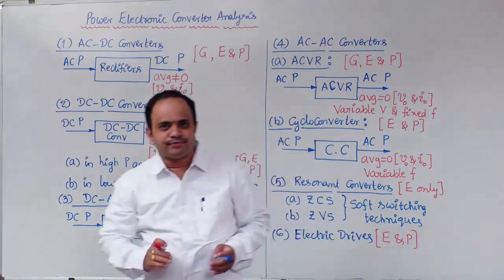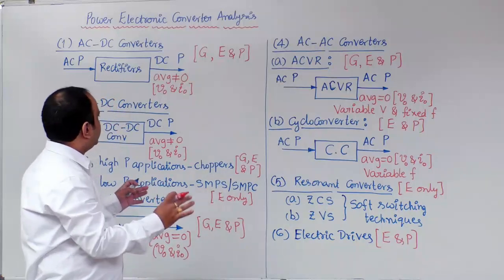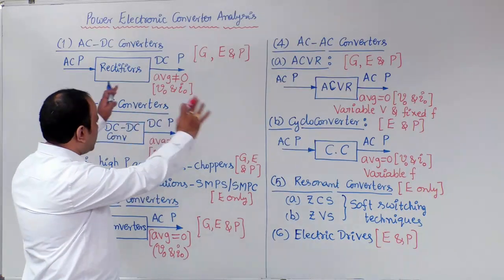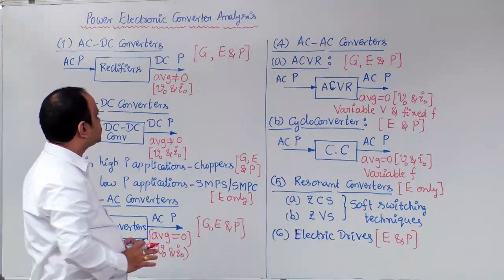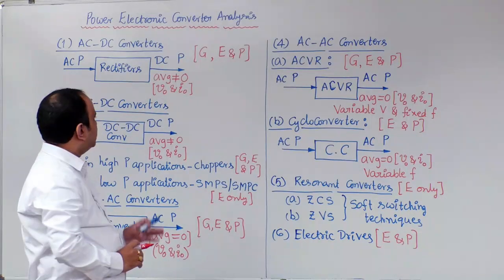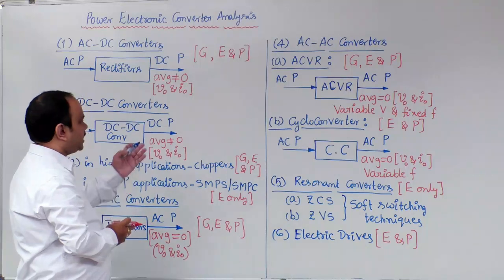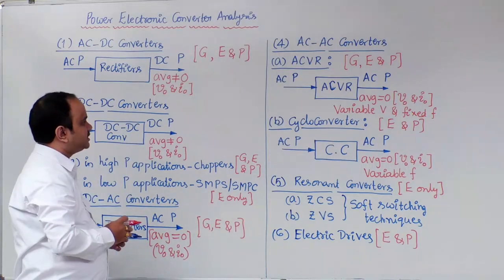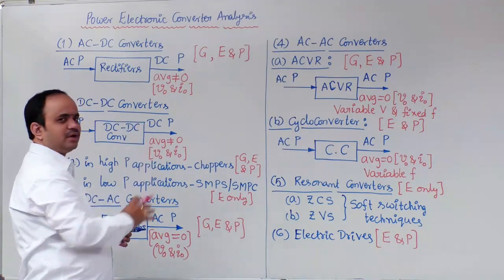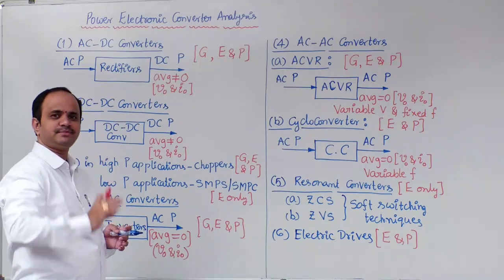Now, before moving further, one basic common point in this total circuits analysis, whether input or output, you take any one converter. Basically, this is the analysis of AC and DC waveforms.